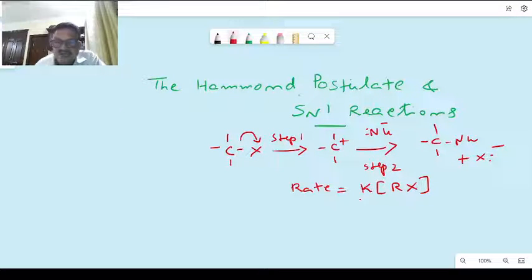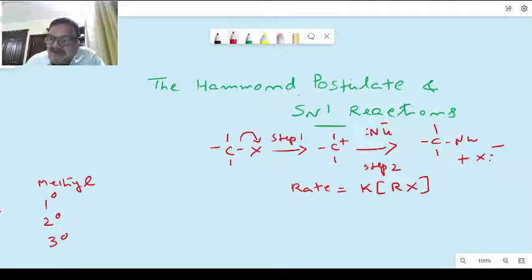We have seen that in the methyl carbocation, then the primary, then secondary, and then tertiary carbocations. The tertiary carbocation is the most stable one.